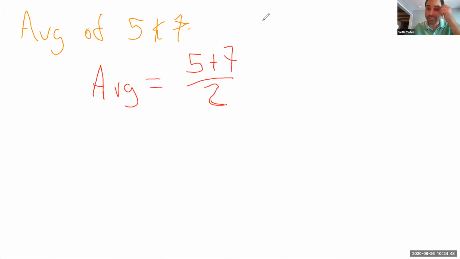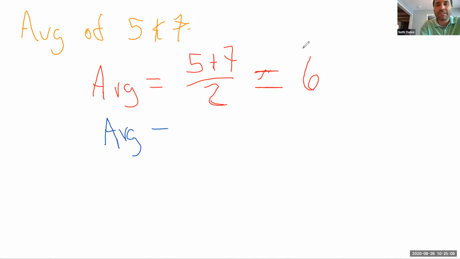And this is correct. I want to change that a little bit and write it in a different way that I think would be more helpful. The average value is 6, by the way. Here's a different way you could have written that down, which will get us to what we're doing in this problem.